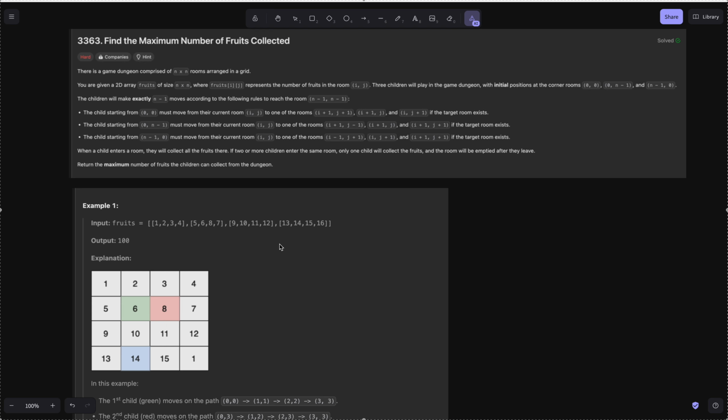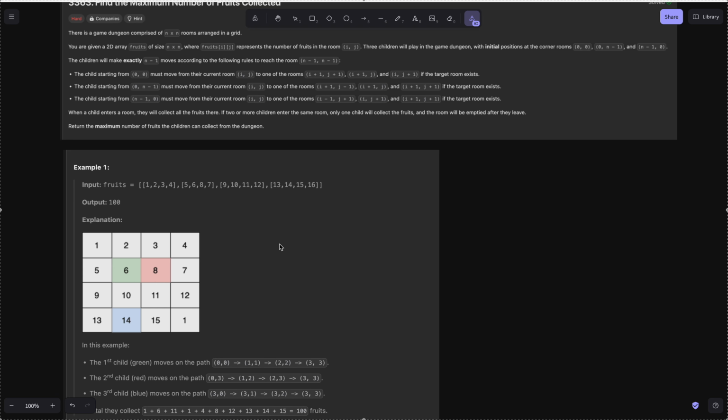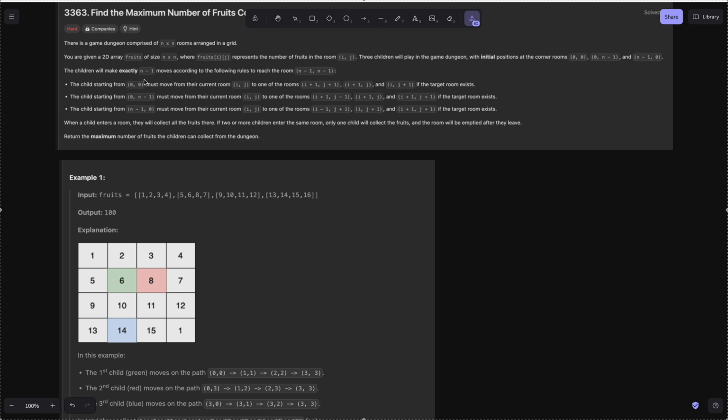So, according to this, what is meant is that the three children are starting from different rooms and need to make exactly n minus 1 moves and want to reach the room (n minus 1, n minus 1).